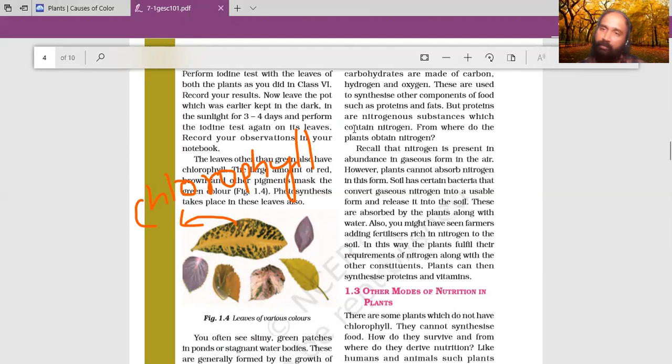So there's another pigment called carotenoids.